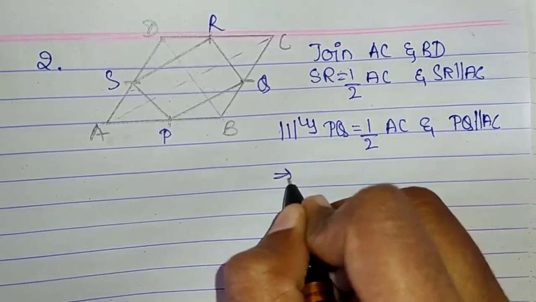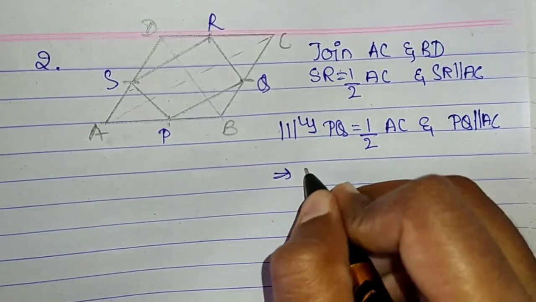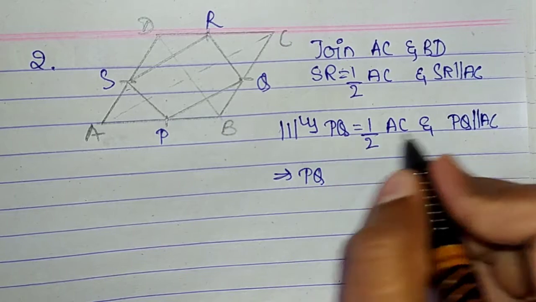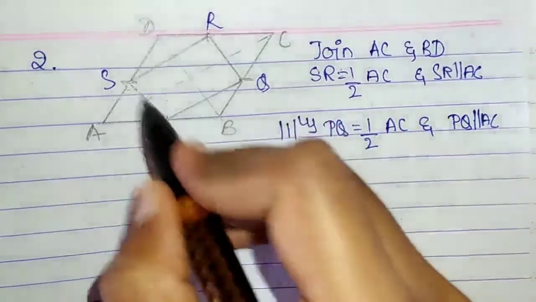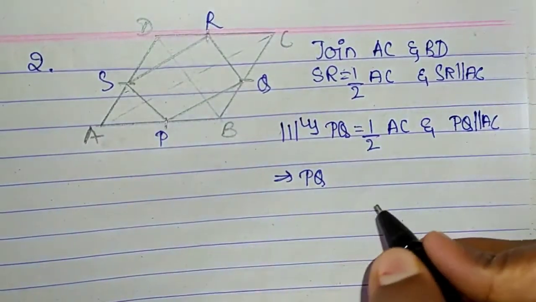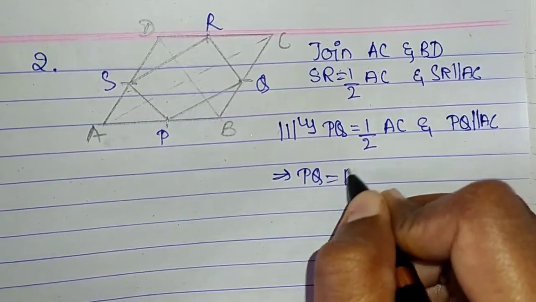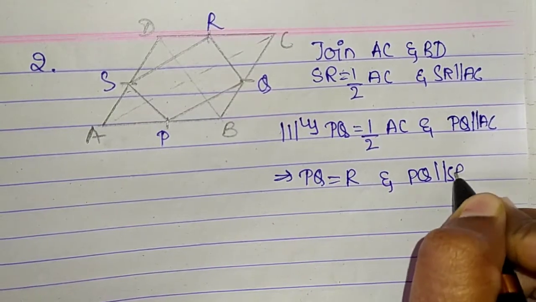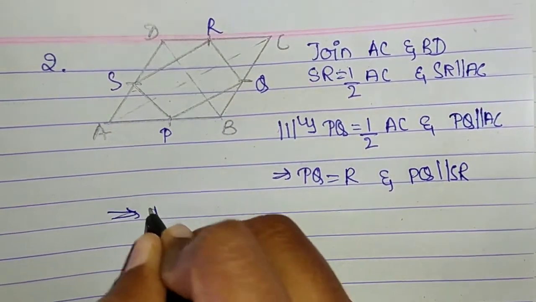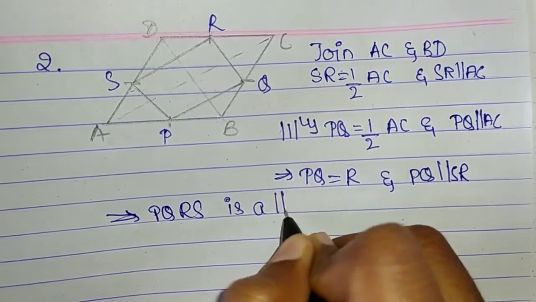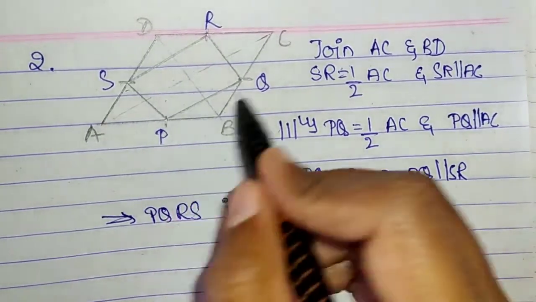So this implies PQ, we got this from the midpoint theorem. Once again, these are the midpoints. So in this triangle and that triangle, we got that whole package here. So PQ is equal to SR and PQ is parallel to SR. So this implies PQRS is a parallelogram. First we proved that PQRS is a parallelogram.